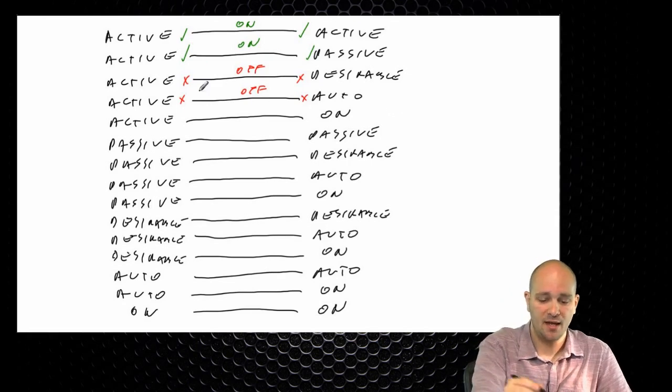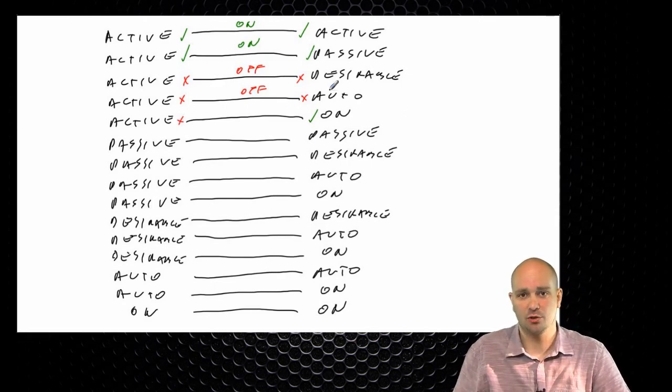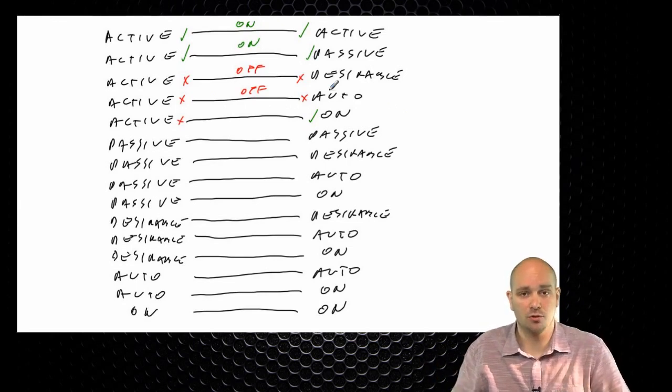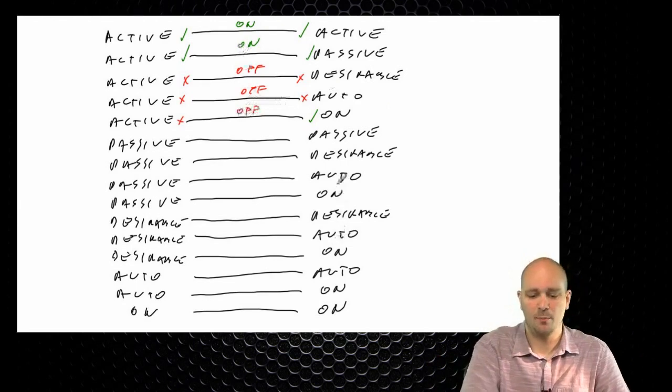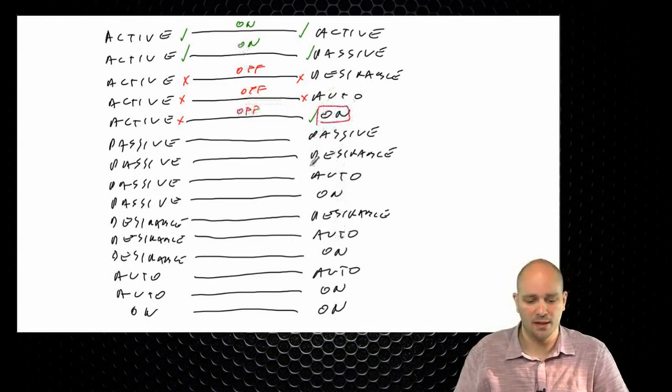If we have active and on, we are going to have an unusual situation that the active side is going to think that the interfaces need to be standalone, but the on side, of course, is going to think that EtherChannel is on. So technically speaking, the EtherChannel is inoperative, but this side here is in danger of causing a loop in our network.